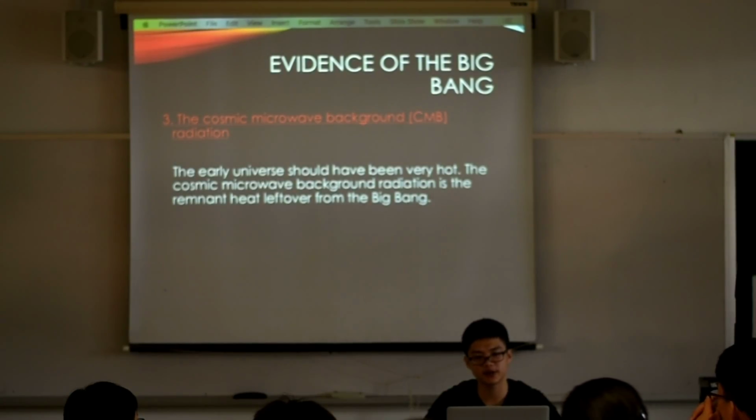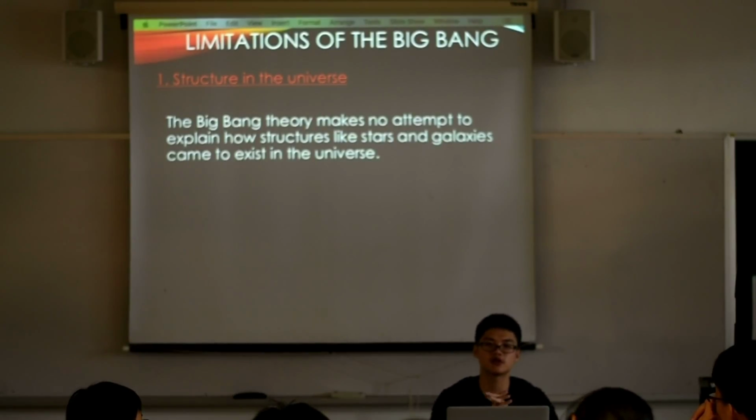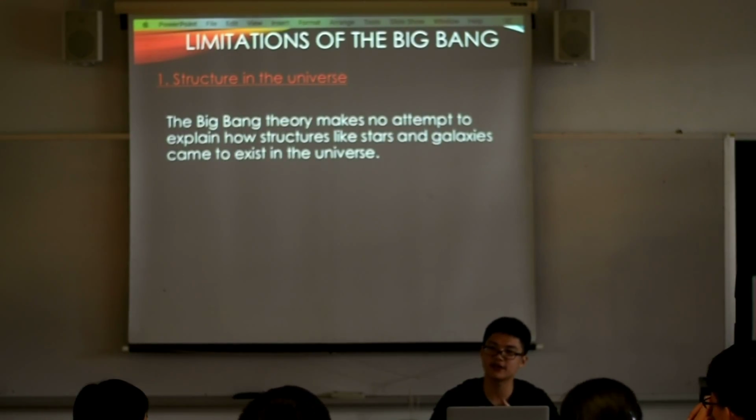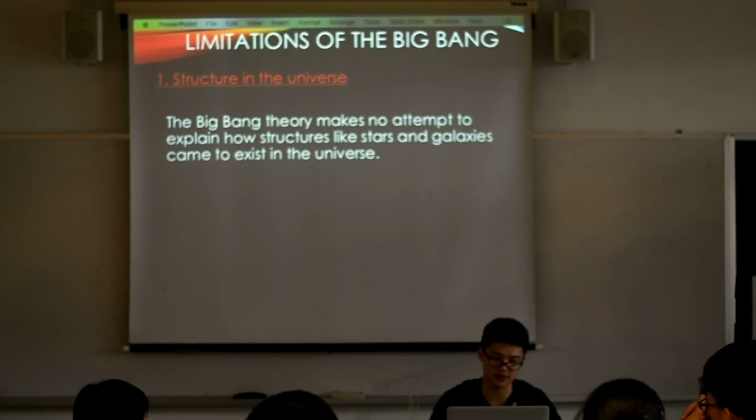However, the Big Bang theory also has some limitations. First is the structure of the universe. As the Big Bang theory states that the universe starts from a singularity, it basically has no description of the structure of the universe. So we cannot predict what the universe is like from the Big Bang theory.